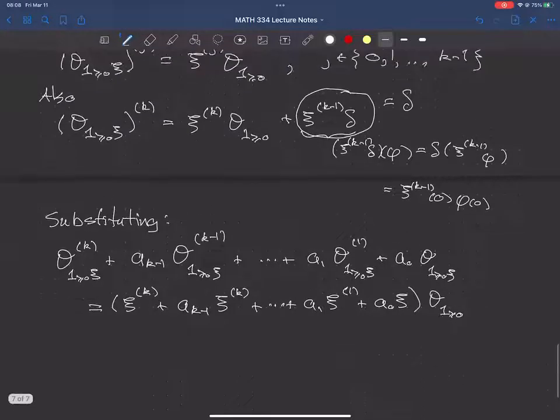And then I get the remnant delta, which shows up from the highest derivative, plus delta.